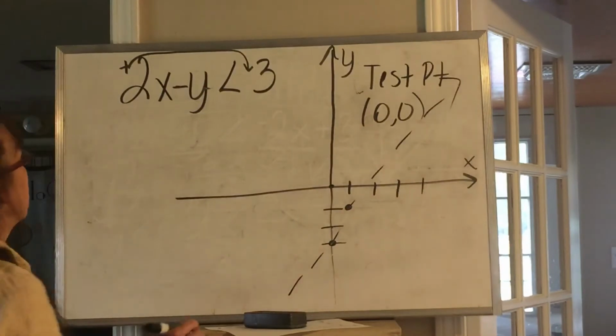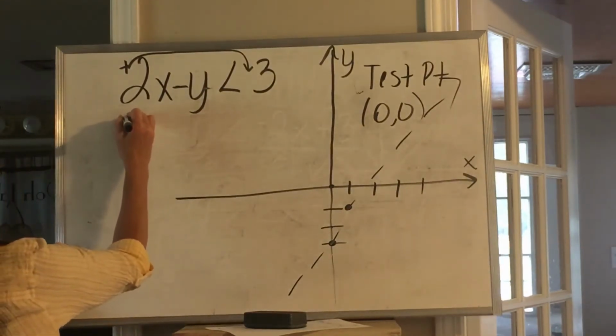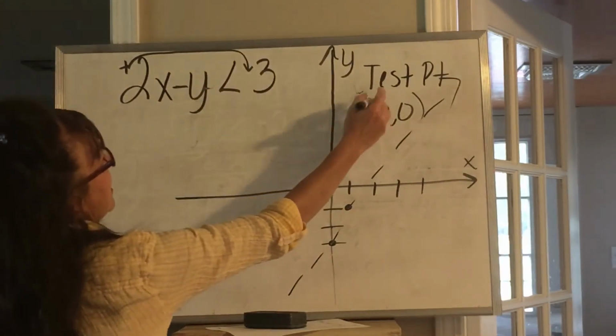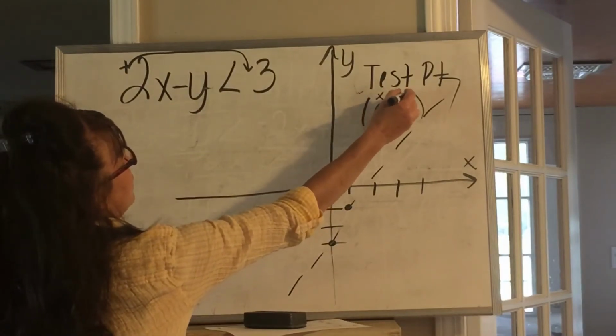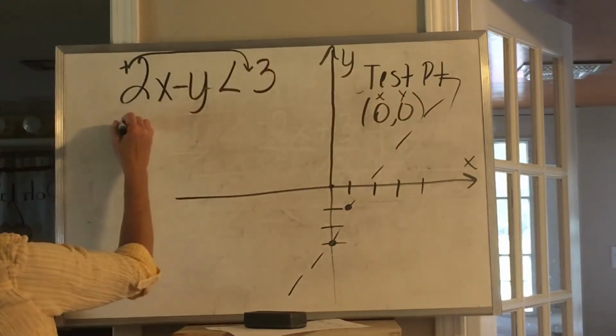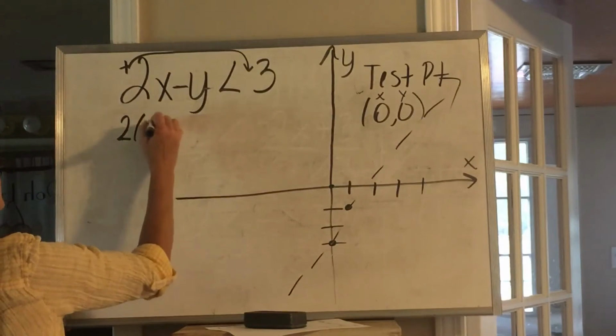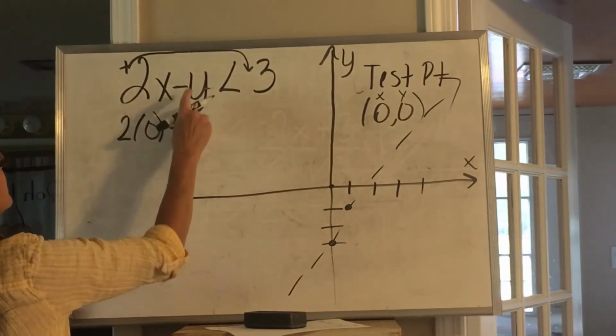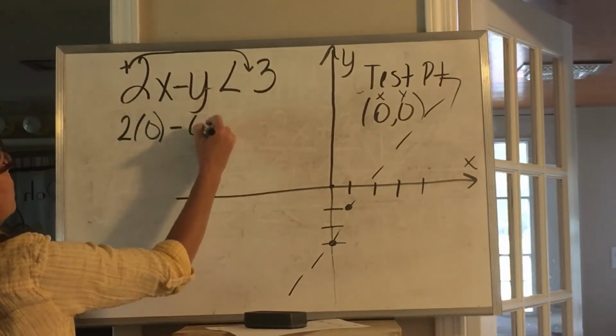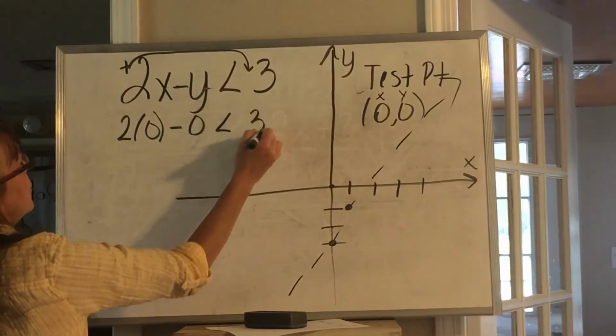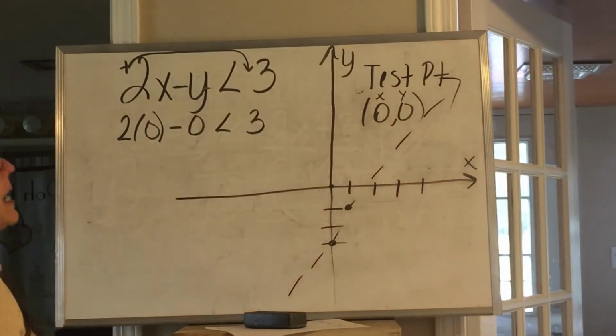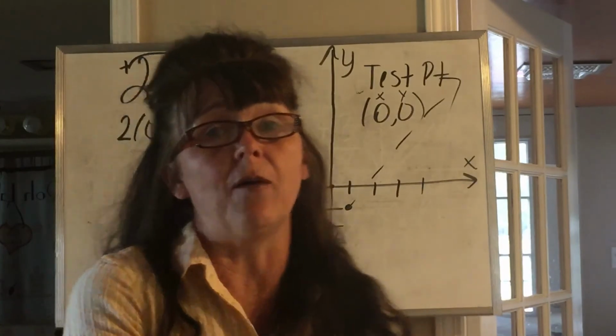Well, 99% of the time. So in place of x, put 0. In place of y, put 0. So this is going to be 2 times 0 minus 0 is less than 3. Notice I plugged it into the original problem.